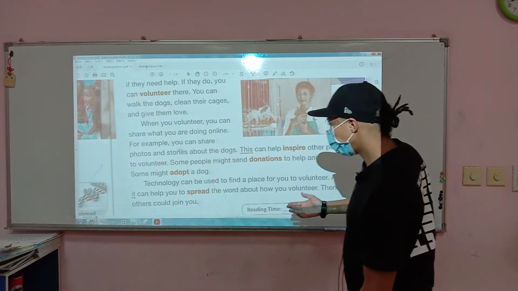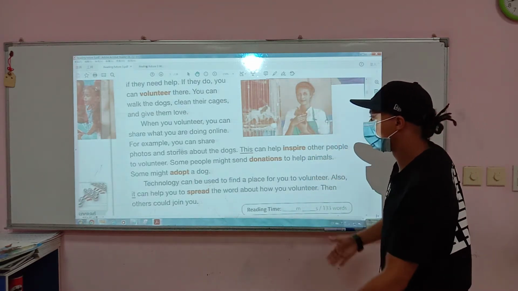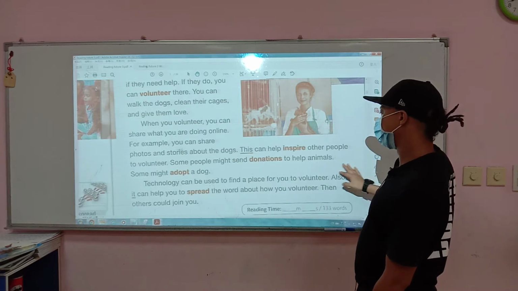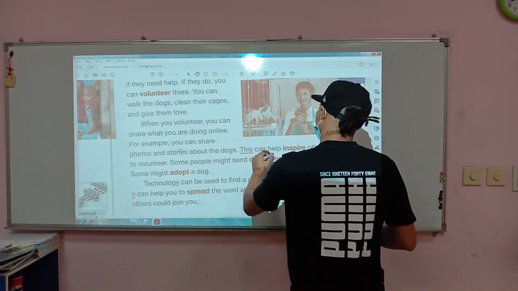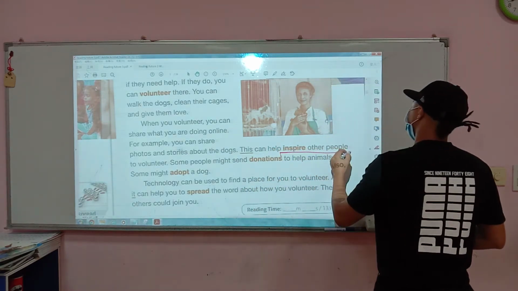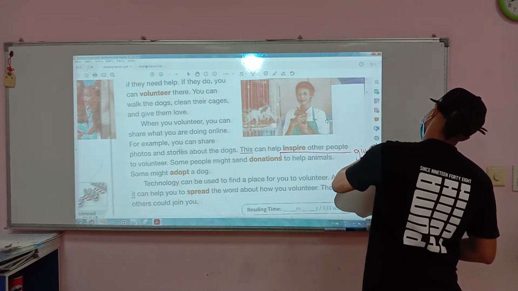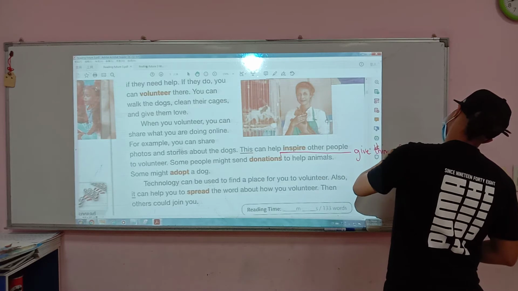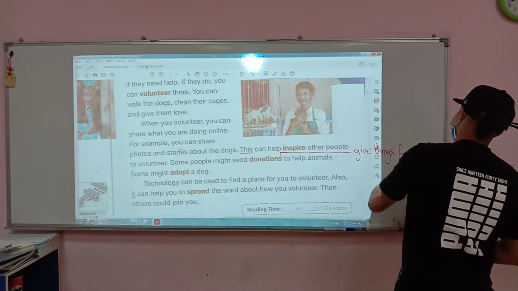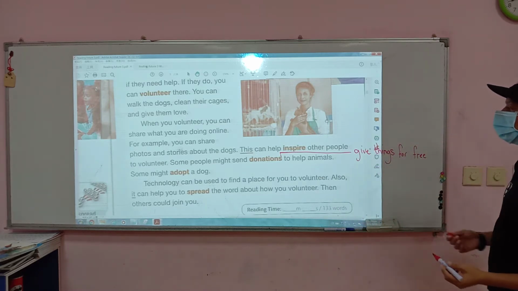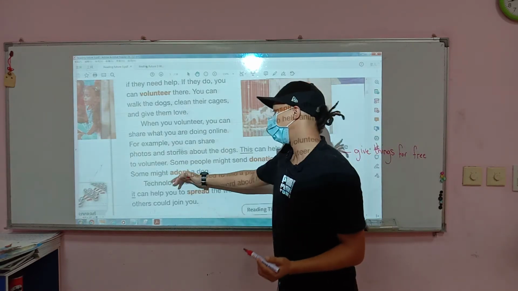donate. Where is that word? Oh, donations, right? So they will send donations, so they will give things for free. Okay, they give things for free, and some might adopt a dog.